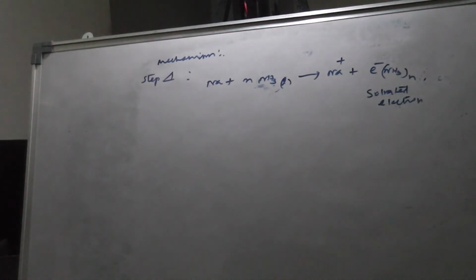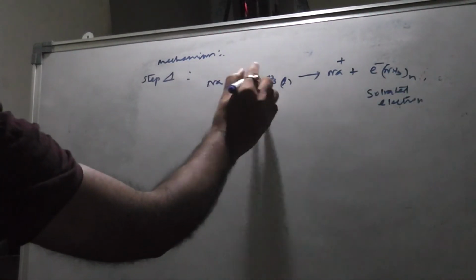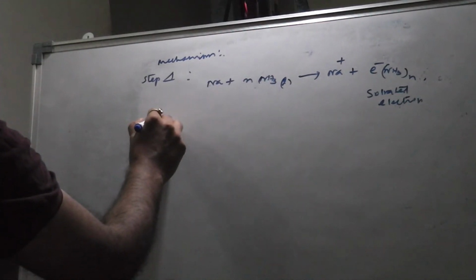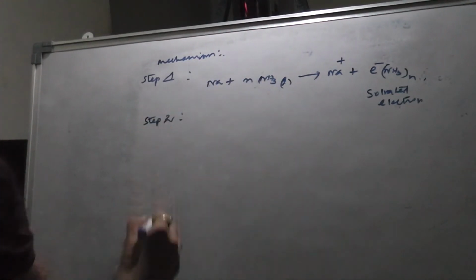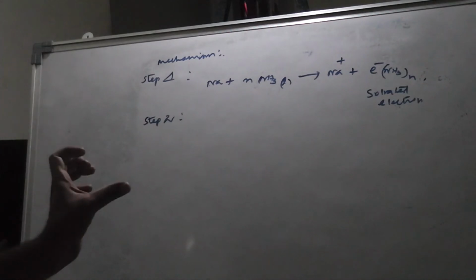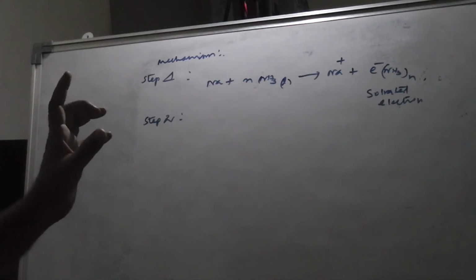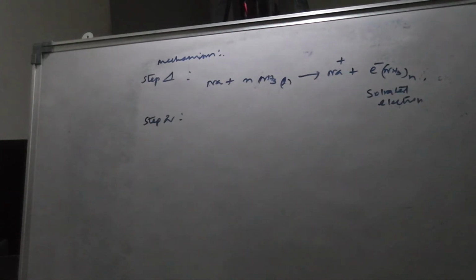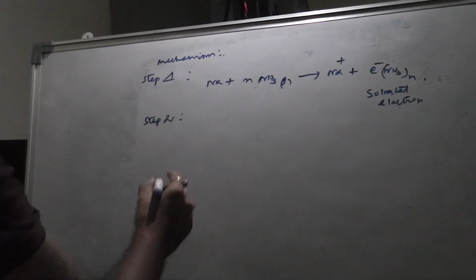This solvated electron, as well as the ammonia molecule, will be involved in the reduction of the alkyne to form the corresponding trans-alkene.